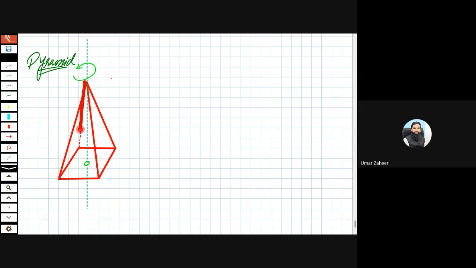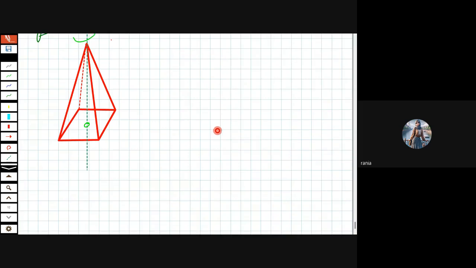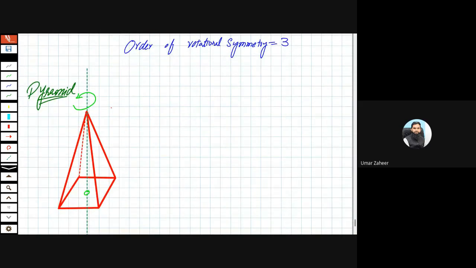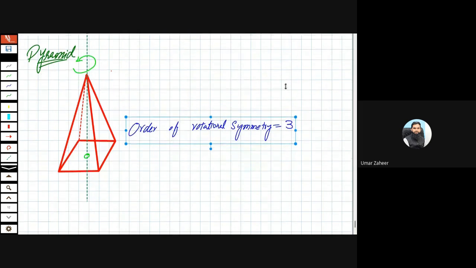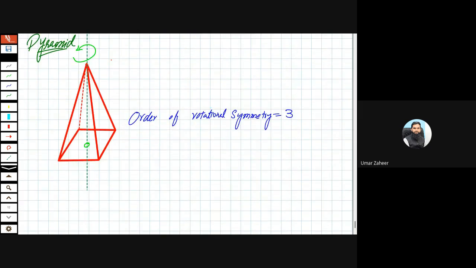It will become here again with the same shape, and at last it will be back in the initial position. Yes, sir, four. You see it four times. So this means that the order of rotational symmetry for this pyramid is going to be 4.